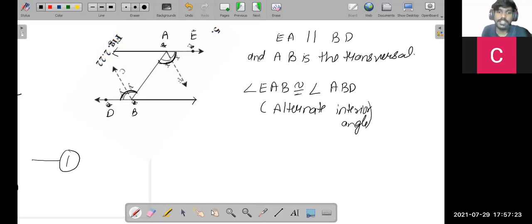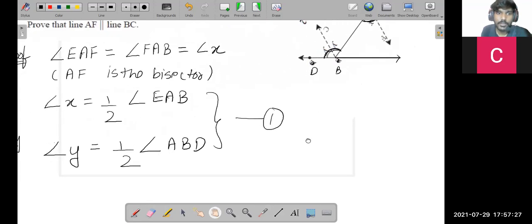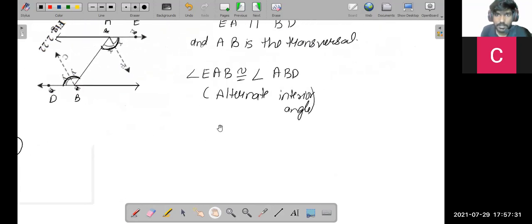But from equation 1, these two are congruent or equal also, we can say. Angle EAB equal to angle ABD. It means the same.